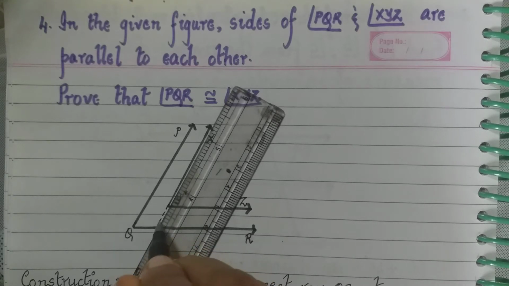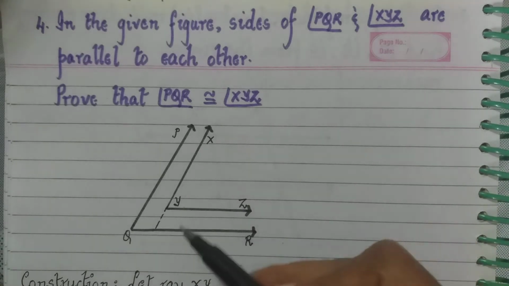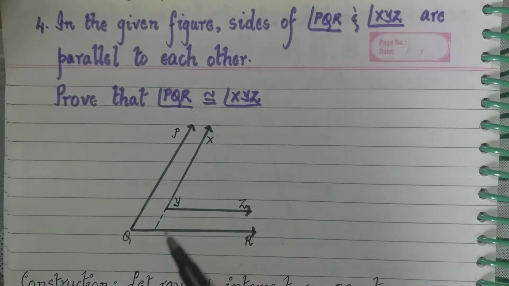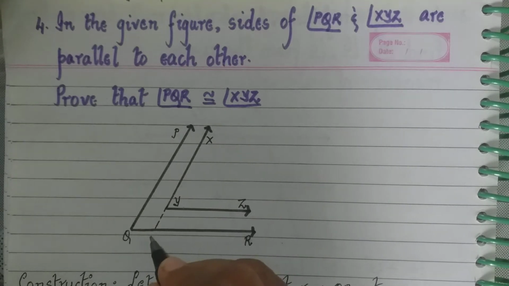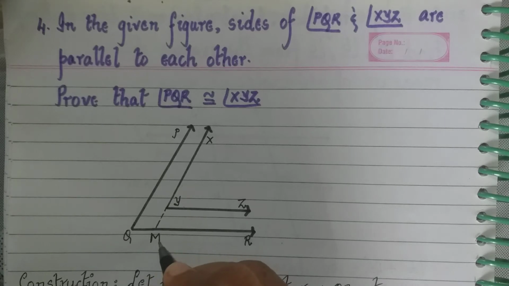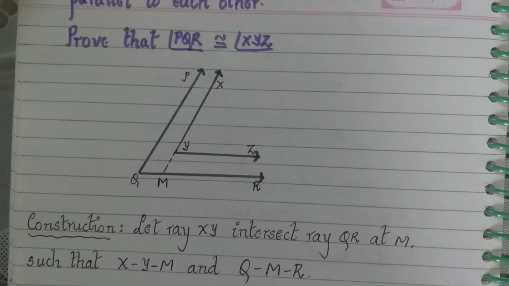Now any construction we do, we usually do it in dotted lines. So you see here this ray XY has been extended downwards to meet the side QR at this point M. So we write a construction, what we have done here.